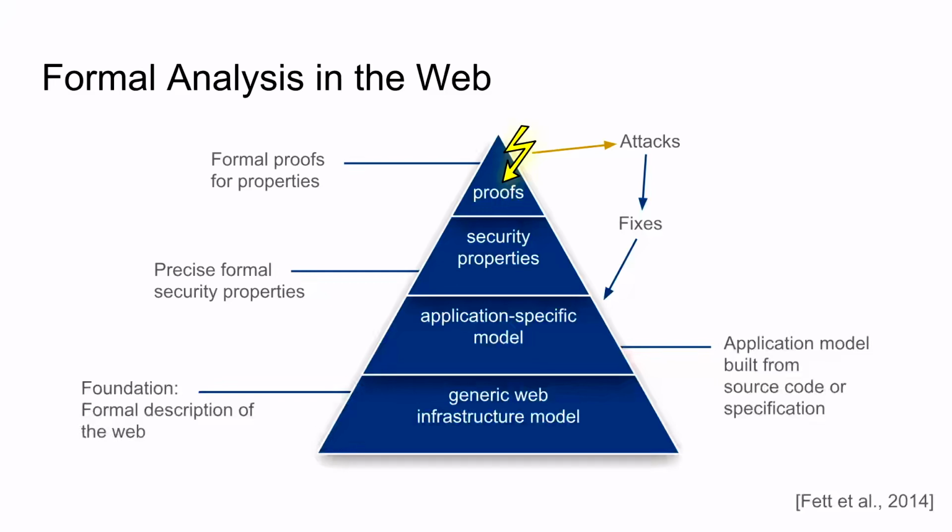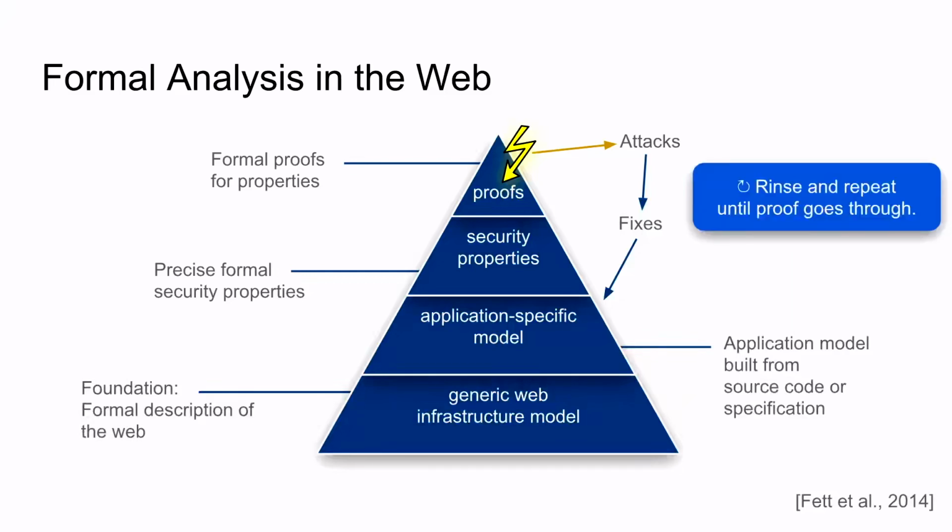And now you can try to fix that attack, and of course, then integrate these fixes into your model again, and then you can do the same thing again. And then rinse and repeat until your proof goes through. And then you've found some attacks, and ideally, you also have a proof within the limits of the model of the security of your application.